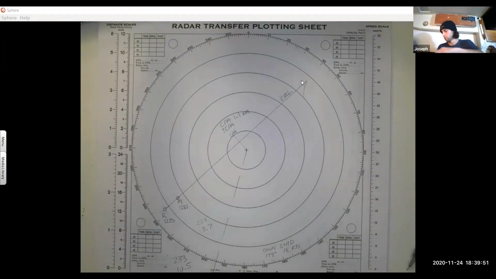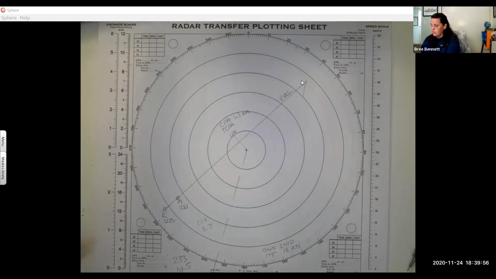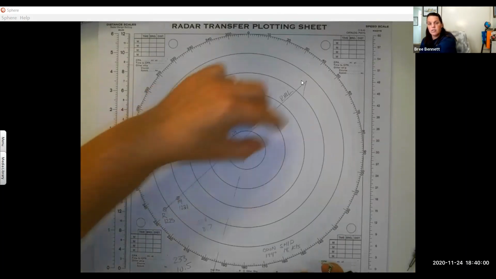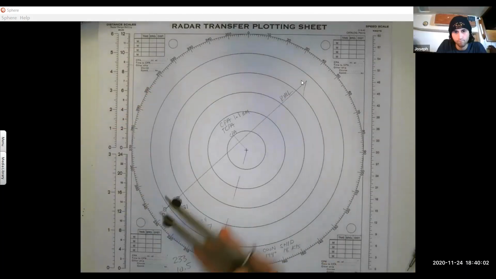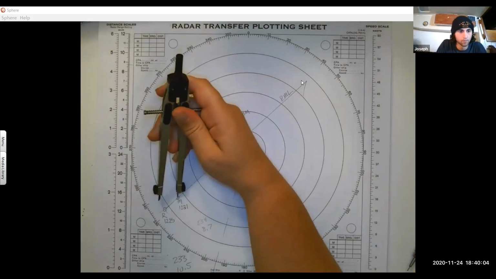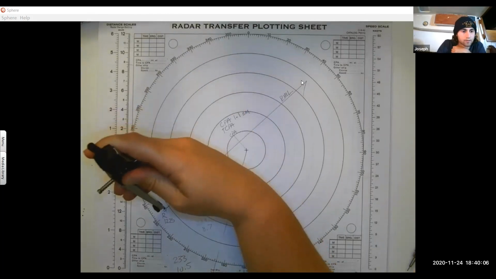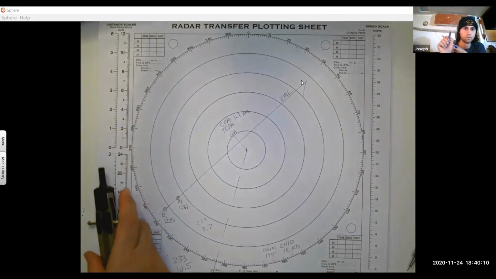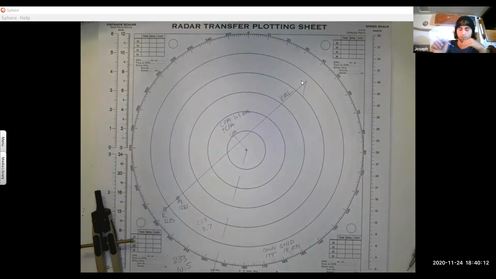Okay, so then our next step is to figure out time of CPA. So we're going to use this 6-minute interval here and chug it along our relative. Can you go over one more time how to use the triangle to get the CPA?